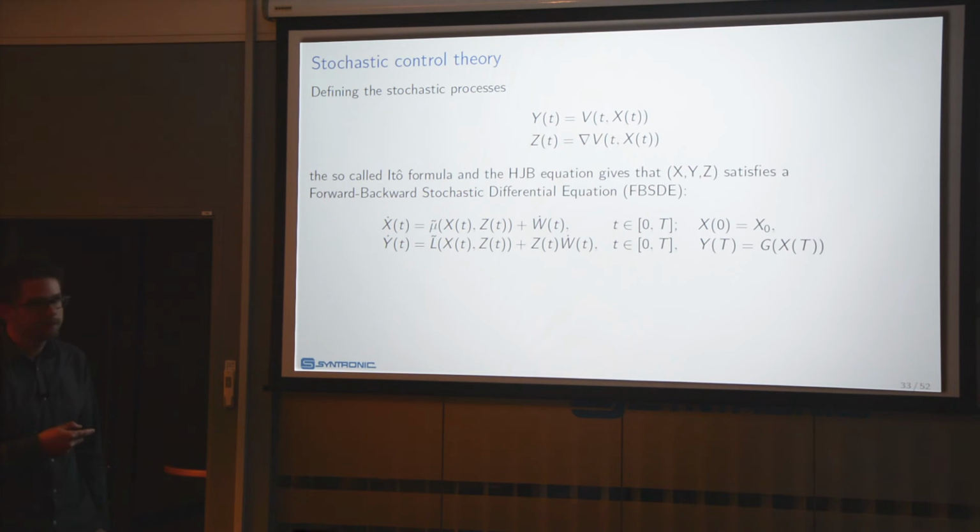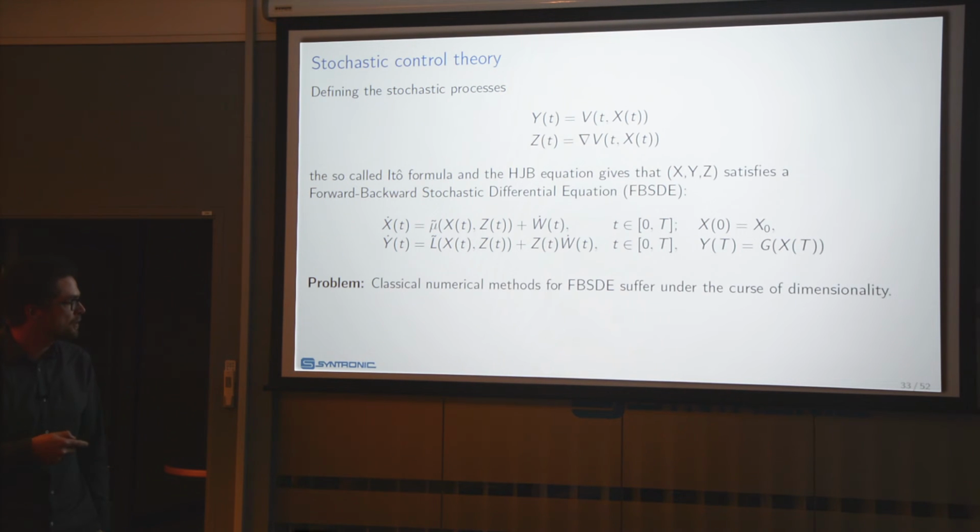Then the most important theorem in stochastic analysis is known as Ito's formula, and combining it with the Hamilton-Jacobi-Bellman equation, x, y, z satisfies this equation. It's a forward SDE because it has a forward initial value, but it's coupled to a backward stochastic differential equation, because it has a terminal condition.